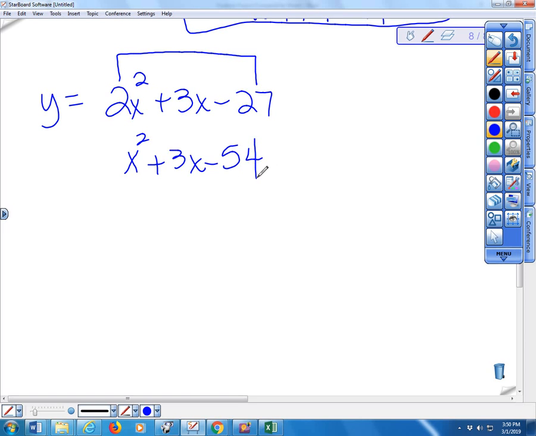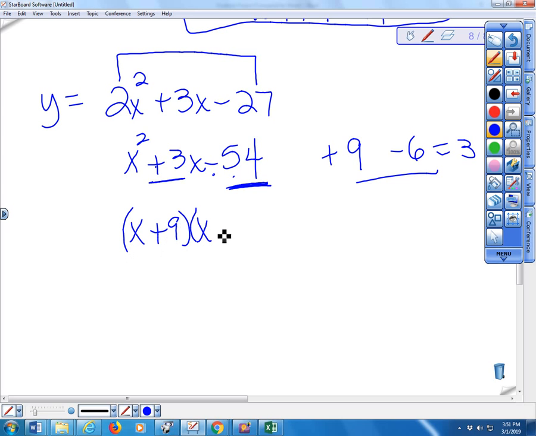Now we're looking for factors of -54 that add up to 3. One has to be positive, one has to be negative. The sum is positive. Well, if I take 9 and 6, make 9 positive and 6 negative, multiply together equals -54, added together equals 3. So x plus 9 times x minus 6 equals, this is just y.